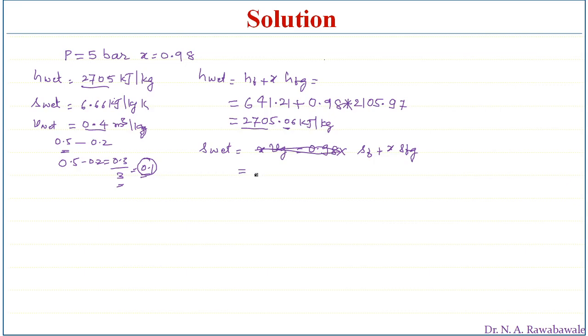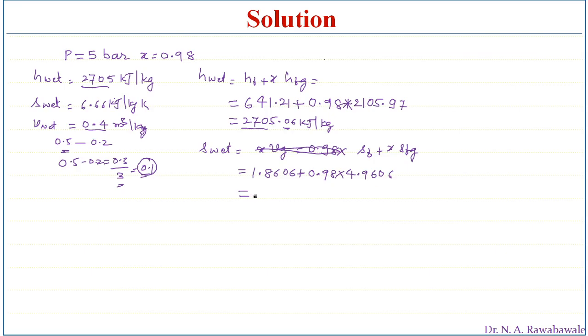Already you know how to read the steam table. At 5 bar, SF is 1.8606, plus 0.98 times SFG, which is 4.9606.